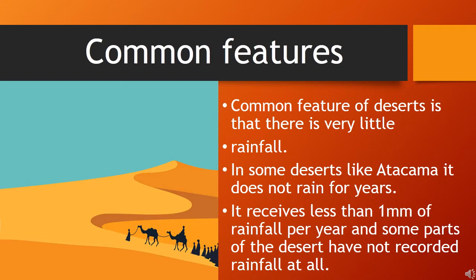So the dry and barren area of Atacama is, though it is very dry, but so many people live there. The desert receives less than 1 millimeter of rainfall per year, and some parts of the desert have not recorded rainfall at all. So this is all about the climate of the desert.